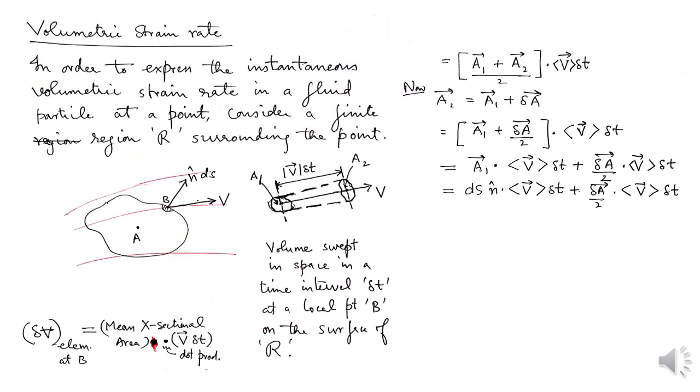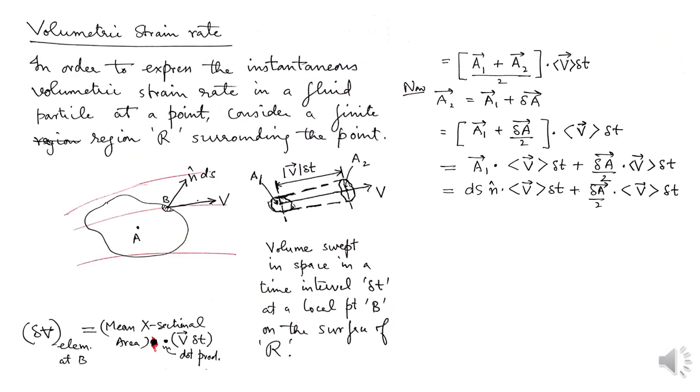Now, as you know, areas are generally treated as vector quantities with their directions specified by the unit normals. So there is a unit normal at point B, which is n cap, and the magnitude of the area is, let's say, dS, differential small surface area element.